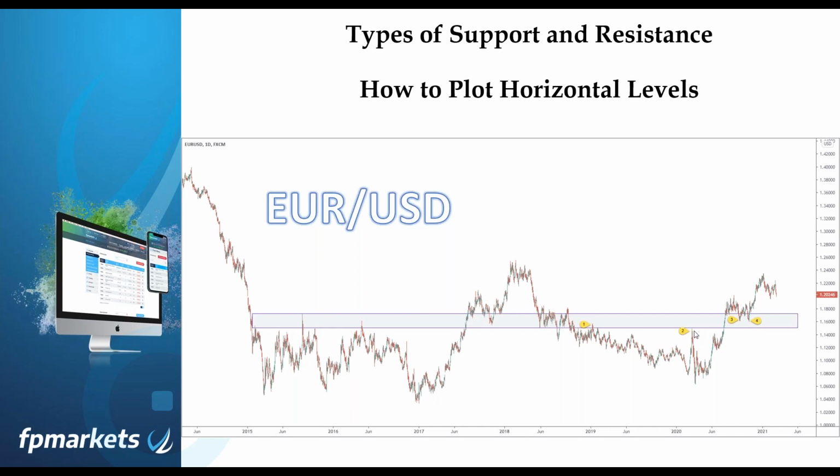And then again, once the resistance area was breached and retested as support at points 3 and 4. Now, if you recall, this was from the previous slide where a double bottom formed. So what we have is an area that has provided support and resistance since 2015 to this day.